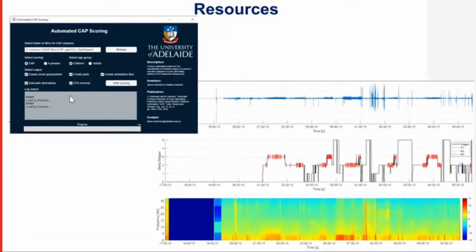It detects A phases and does CAP analysis. It provides an overview plot, shown on the right-hand side, as a PDF plot. It provides annotations that you can import into EDF Browser to visually look at each of the scored events. It also provides PDF outputs where you can look at every single scored event in a graphical fashion.